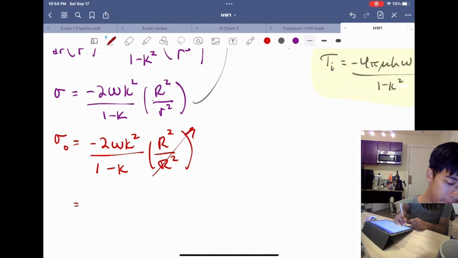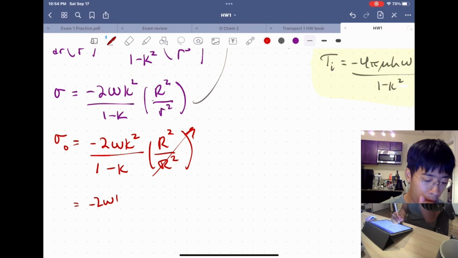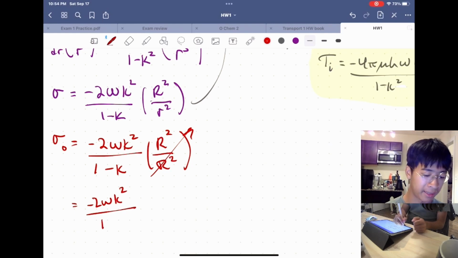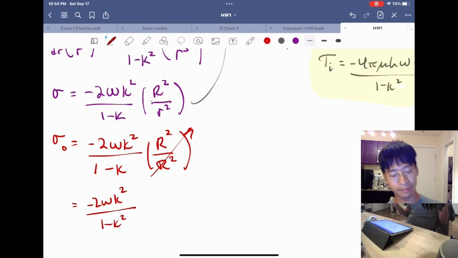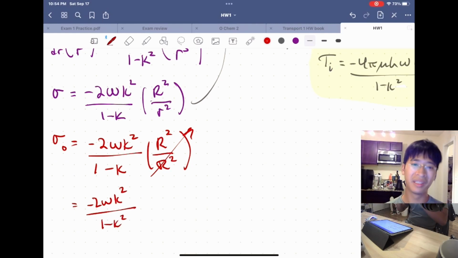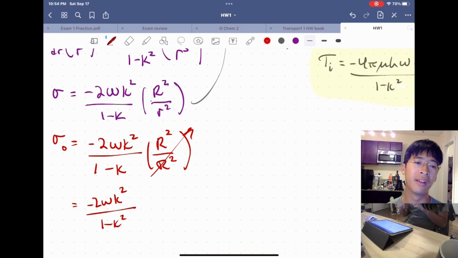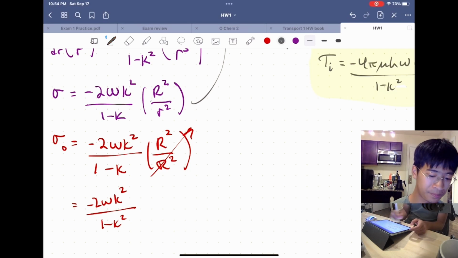We then have 2 omega k squared over 1 minus k squared, right? Looks a little funny, and we can plug it into our expression for torque, and it'll still look funny, but I assure you it works out. Okay, remember this is our shear rate at the outer radius.